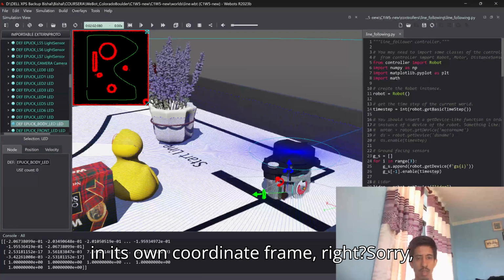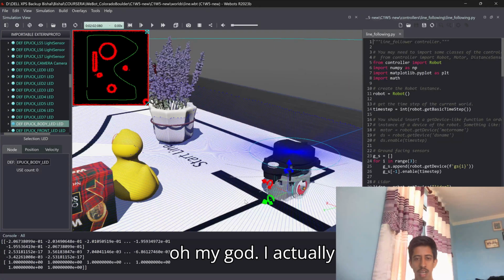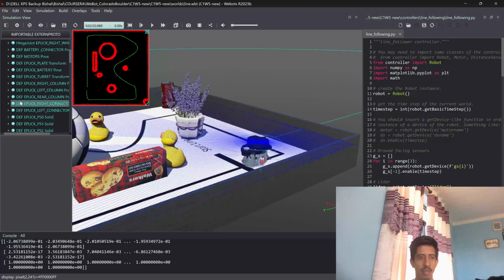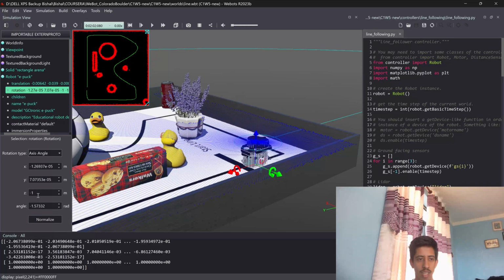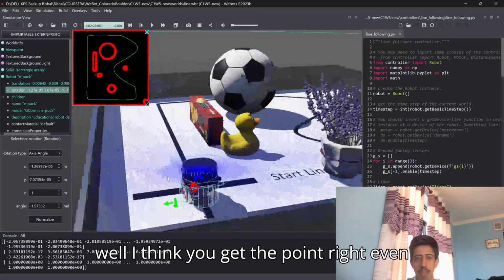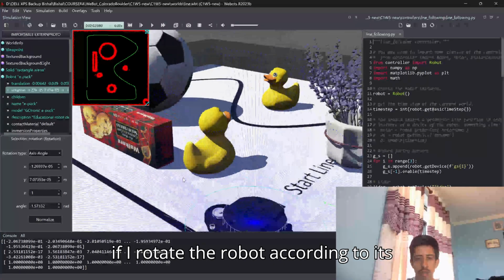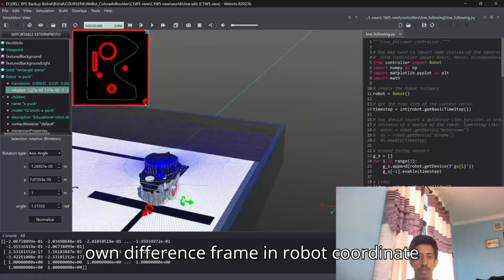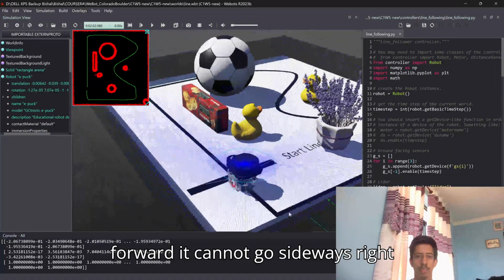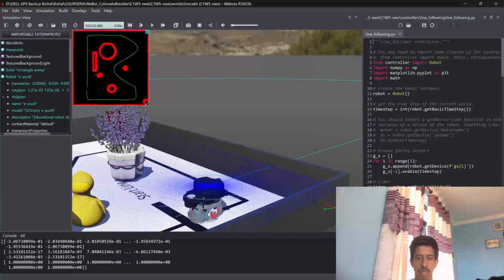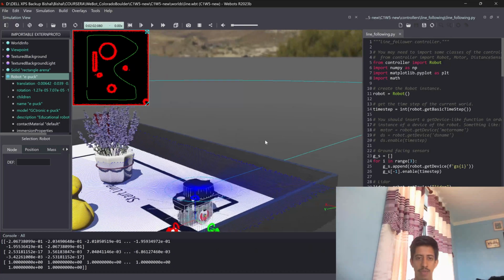Sorry, I actually turned the children. Okay, let me do that. I think you get the point. Even if I rotate the robot, in the robot coordinate frame the robot can only move forward. It cannot go sideways. It can only move towards the red axis, front.